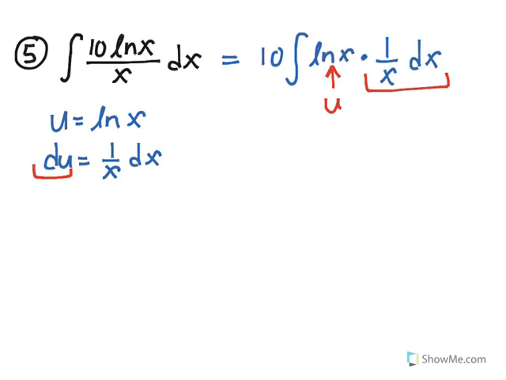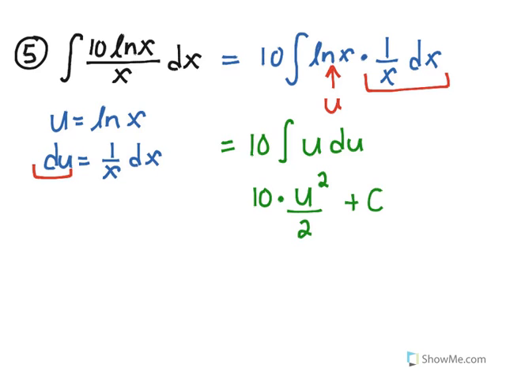So our rewrite on this guy is 10 antiderivative u du, which will not have the natural log antiderivative. How do you find the antiderivative of u? Well, you add 1 to the exponent and divide by the new exponent. We keep the 10 out in front, so it's 10 times this, and tack on our plus c.